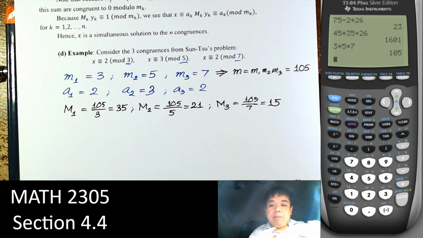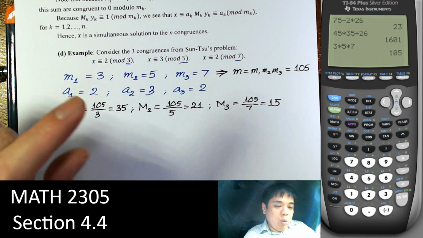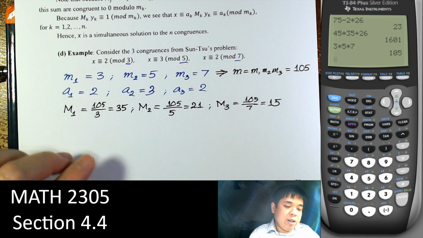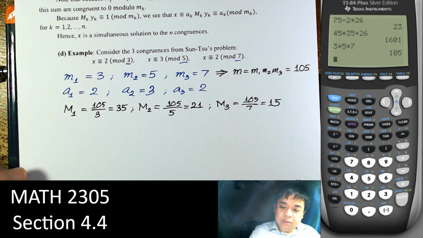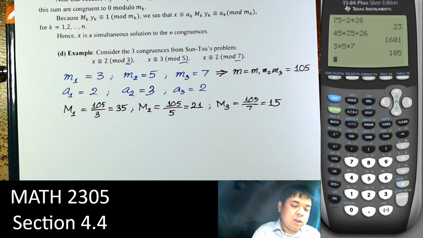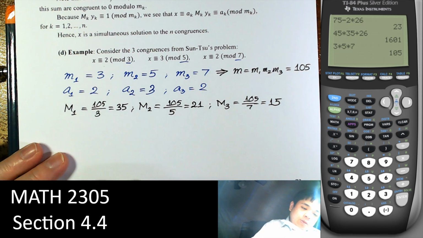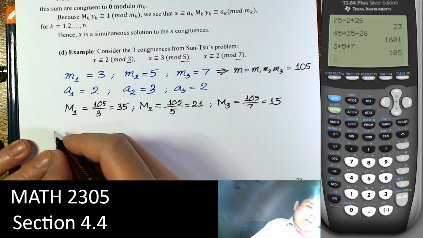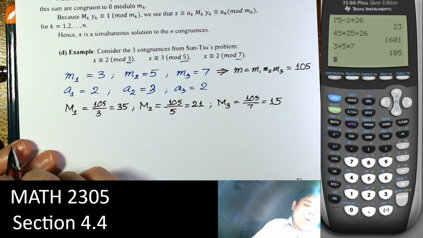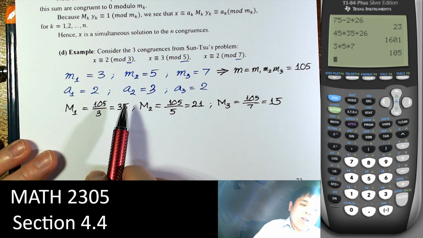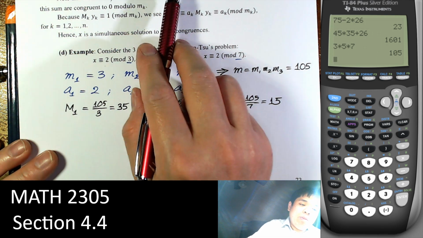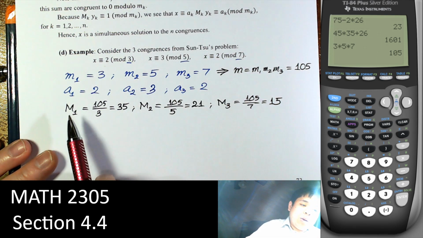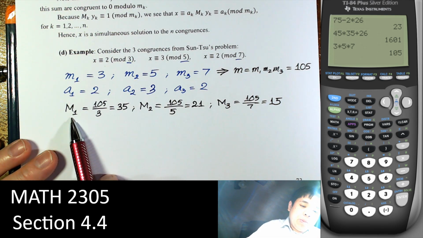Right, now next we find the inverses y1, y2, y_n of the M_k. So what are the inverses? The inverses of the M_k are the big M1 mod little m1.